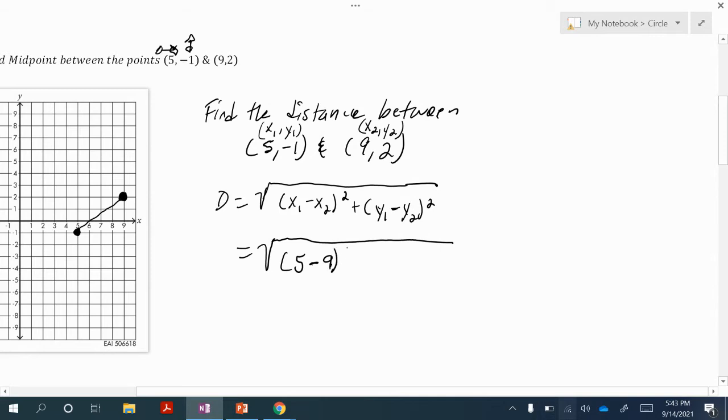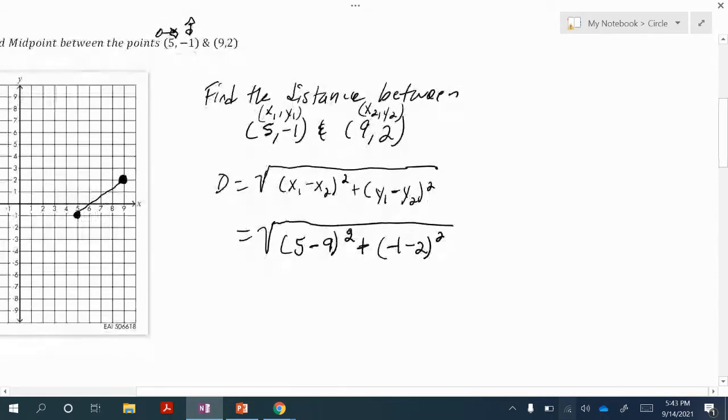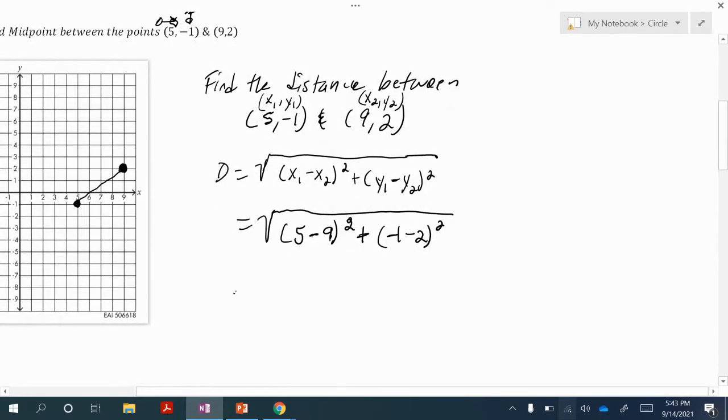X sub 2 is 9. That quantity is squared, plus y sub 1, which is negative 1. Then there's a minus because I have a minus in my formula. And y sub 2 is 2. And that quantity is also squared. Remember, we're still inside our square root.